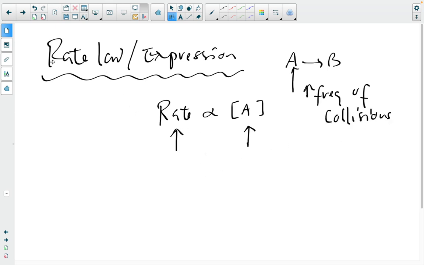So what rate law intends to do is to actually dive a little bit deeper into this relationship and figure out exactly how these are related. Maybe somehow we can quantify the relationship between this. We know based on theory that when I increase this, my rate goes up. Well, here are some of the things that chemists have found out.